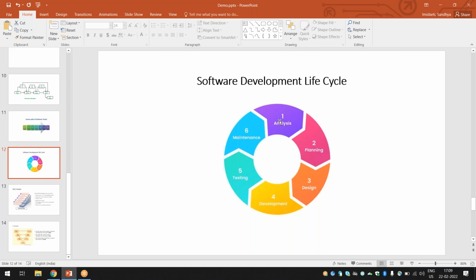The business analyst is the person who starts in this analysis phase. He gathers all the requirements from the client, and then prepares a business requirement specification document.